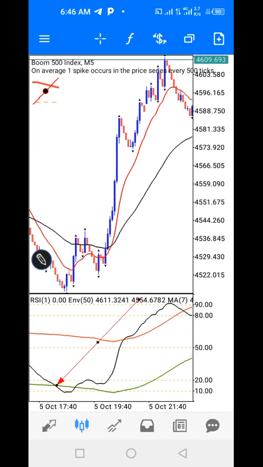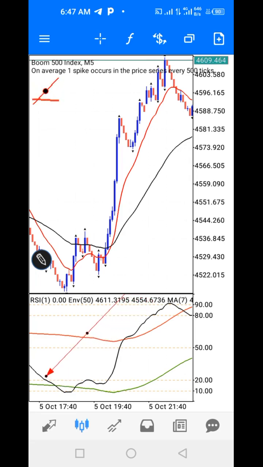So anytime it is at this 10 level, these two confirmations, this is what you look for on your indicator window, right? The black moving average has to be at the 10 level together with your envelope. Your green lower band or envelope has to be at the 10 level.